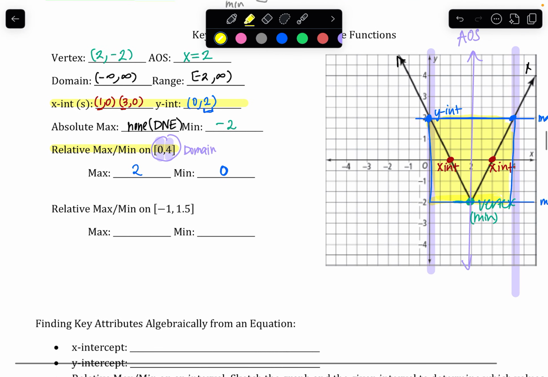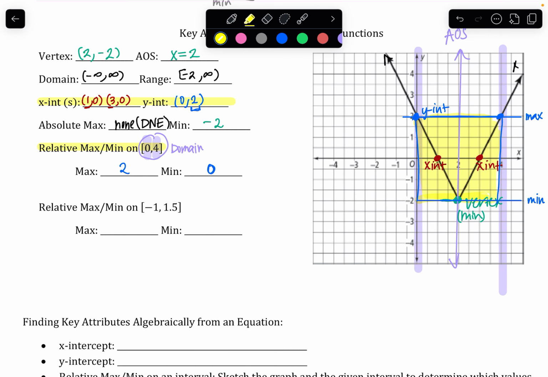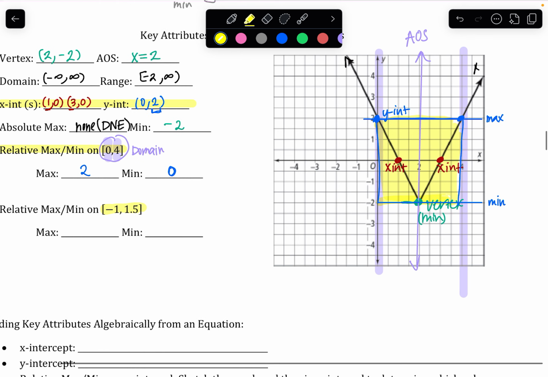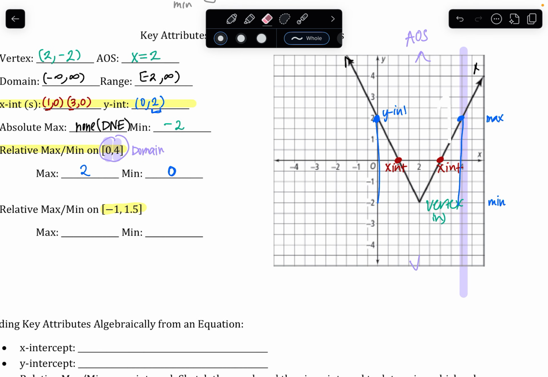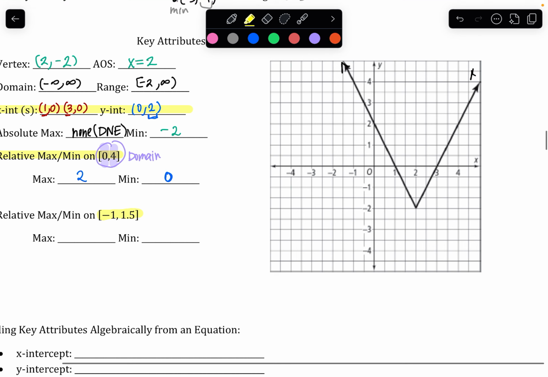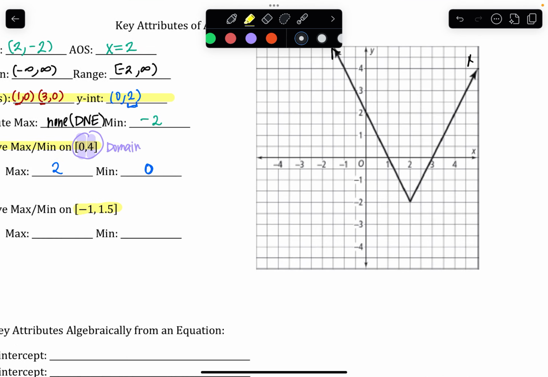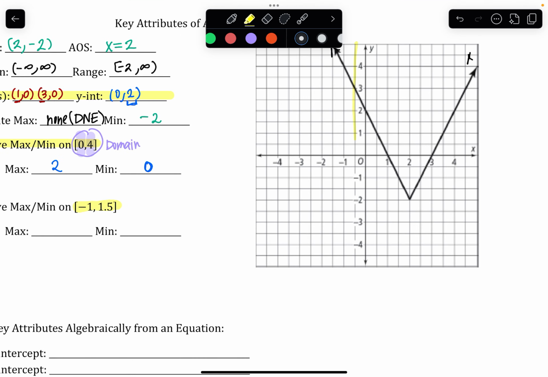Okay, if they change our interval to -1 to 1.5, I'm going to clear my graph just so I have a clean slate to start with. -1 would be here.